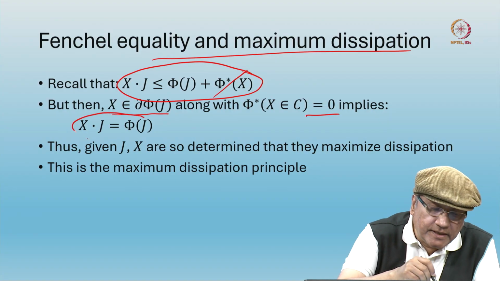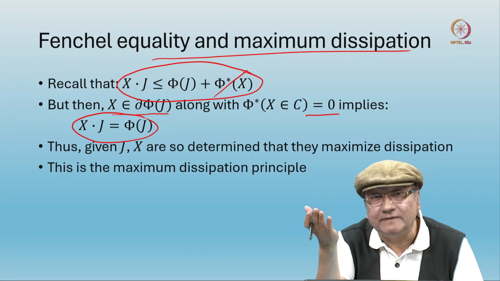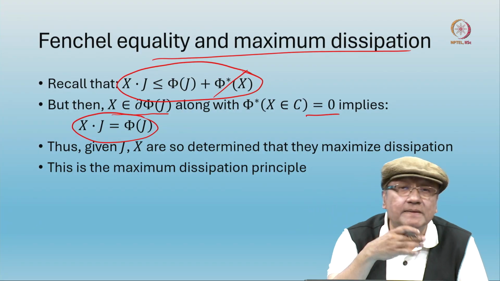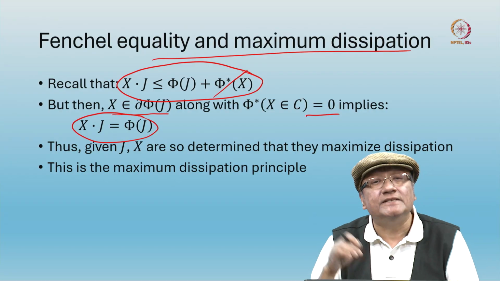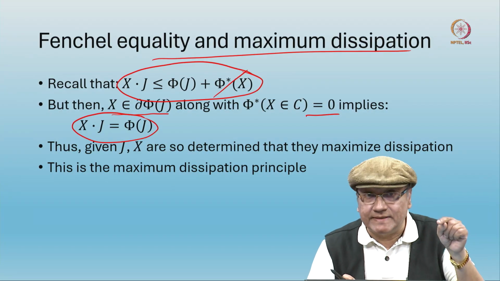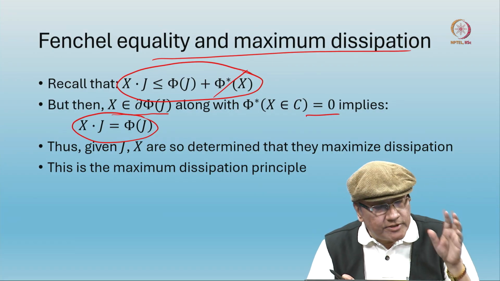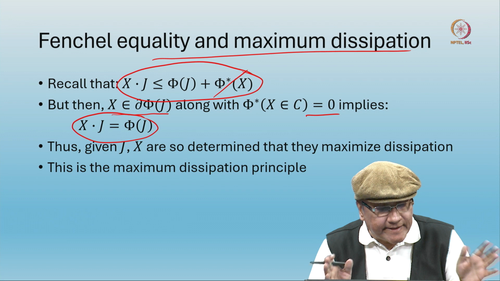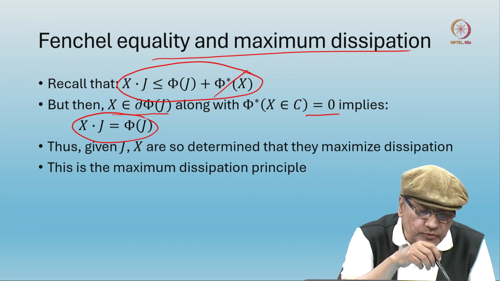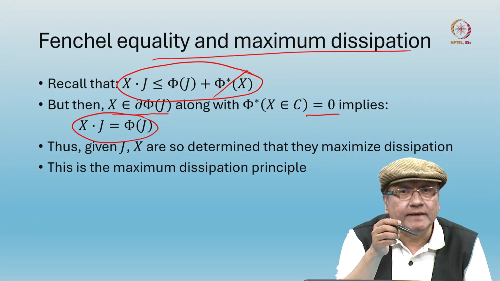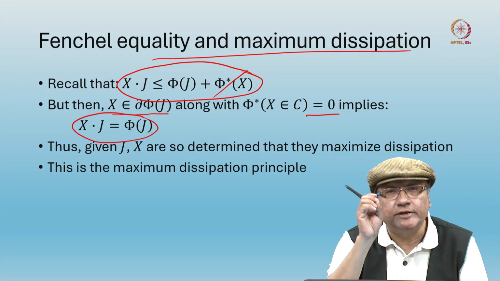What we are left with is that if x belongs to the subdifferential of phi, then the inner product of x and j gives you the dissipation potential itself, and that is the maximum value possible for the inner product of x and j given a j. That means the thermodynamic stresses or the thermodynamic forces take on such values and directions as to maximize the work per unit time, x inner product j, and that becomes equal to the dissipation potential.